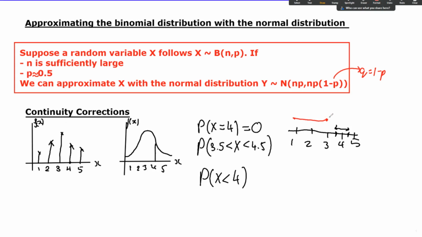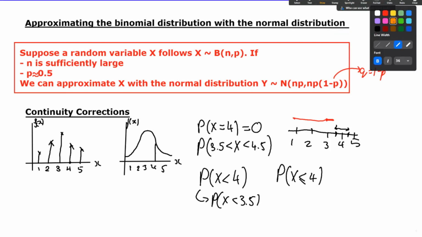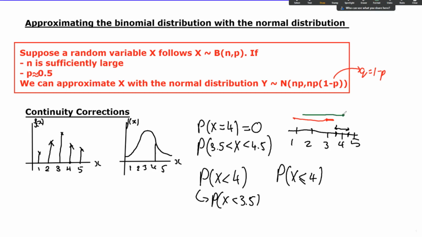But because we want to do a continuity correction as well, we want to keep this bit, because everything up to 3.5 rounds to 3. So instead, we'll have the probability of X less than 3.5. But when we want, for example, less than or equal to 4, we want this bit here, but again we want to get that top bit, so it would be less than or equal to 4.5.